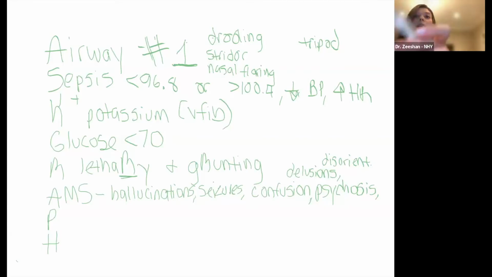Then we have P for peritonitis. Why are we freaking out about this? What is the peritoneum? It is an enclosure of the GI and reproductive tract.